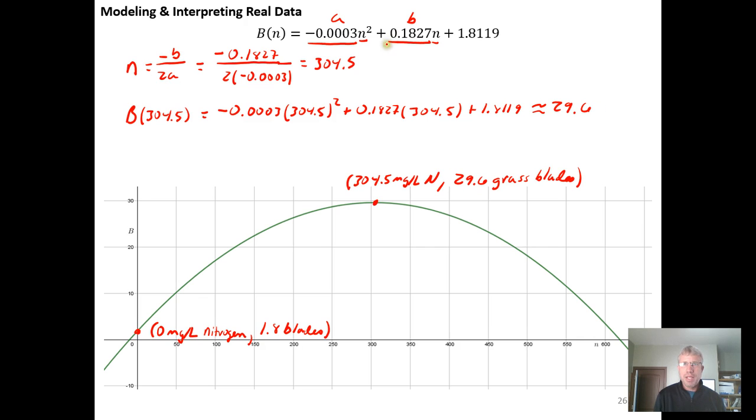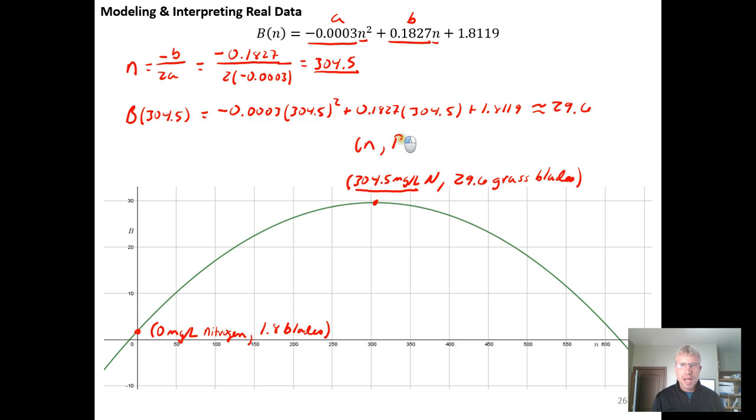So I know that b is the coefficient on the linear term and a is the coefficient on the squared term. So I just take these two numbers, a and b, and I plug them into the relationship. And this one actually simplified surprisingly nicely to 304.5. And then that gives you the n value that generates the vertex.